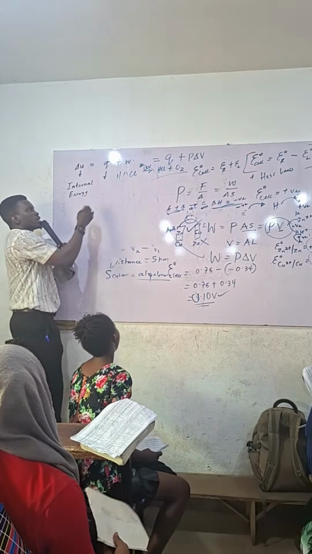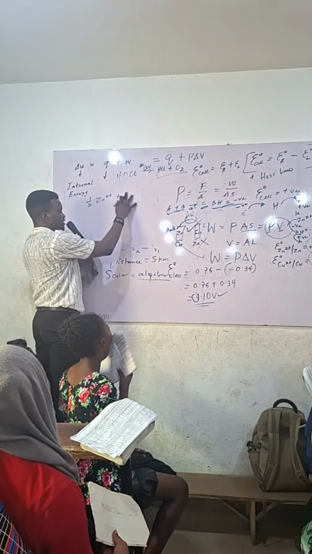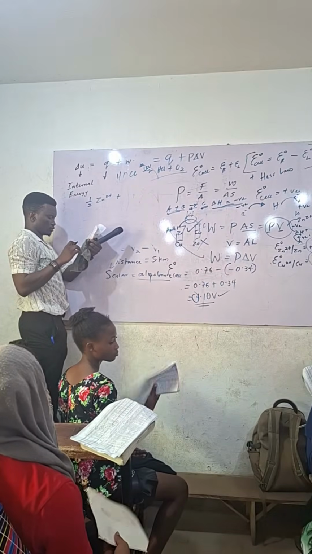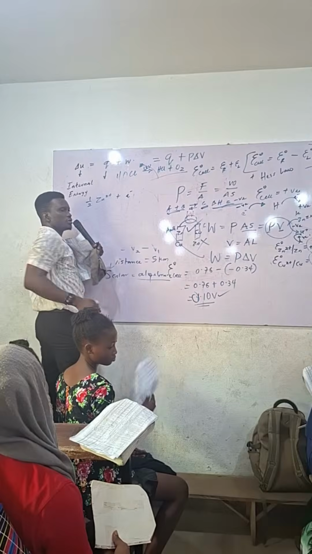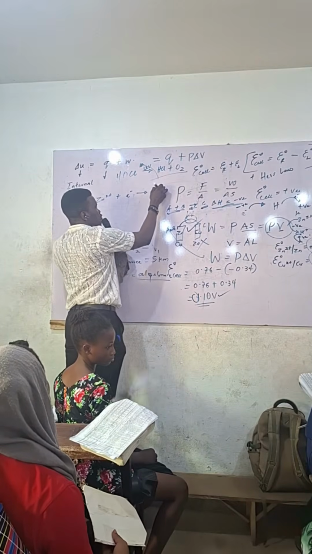The equation you are given is 1/2 Zn2+ plus 1 electron, which is just going to give 1/2 Zn.